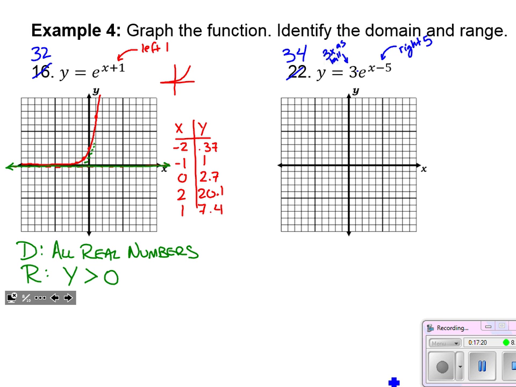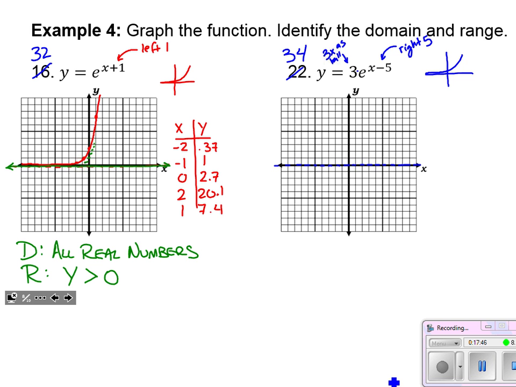Oh, before I do that, no shifting up or down, so I'm still anticipating an asymptote right there on the x-axis, or the line y equals 0. And looking at this, it's definitely a positive value on x. They haven't horizontally flipped it, so I'm still expecting to see a growth function that's rising to the right.